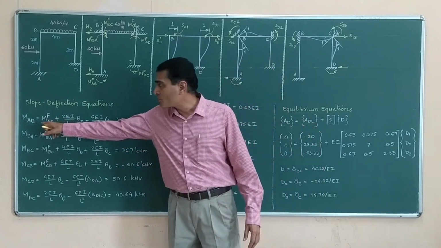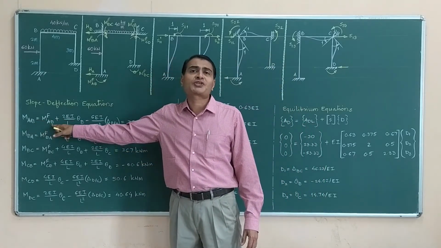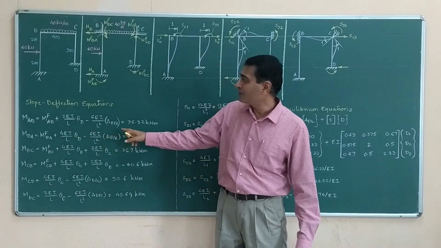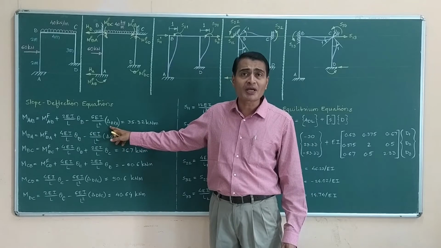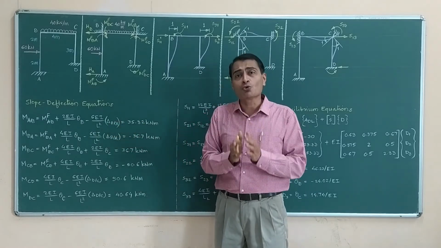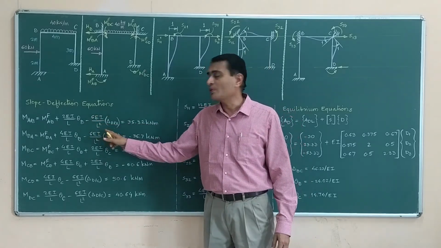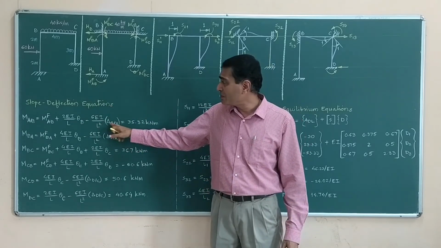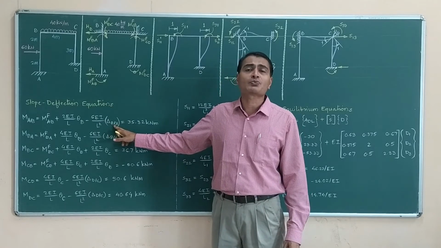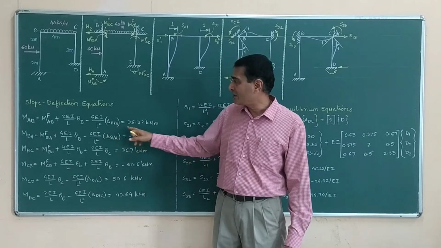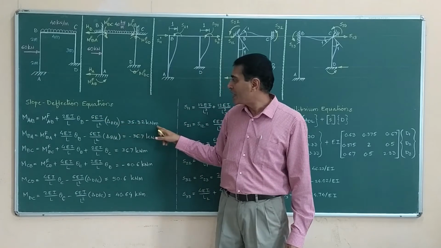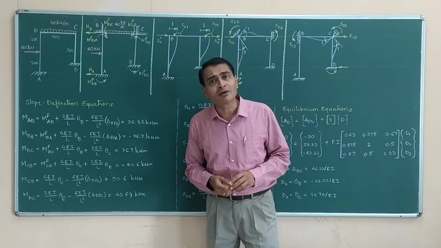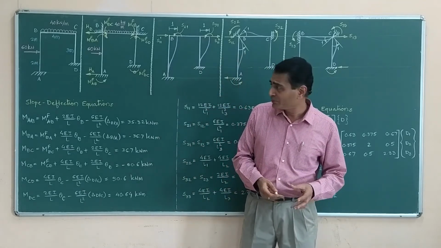I am writing M of AB is equal to fixed end moment contribution, far end rotation contribution, and because there is sway, there is delta B relative to A, so that particular contribution, that is translation contribution, is considered. Here delta B relative to A, I will be substituting negative, and after putting all these values, I am getting 35.32 kilonewton meter as M of AB.